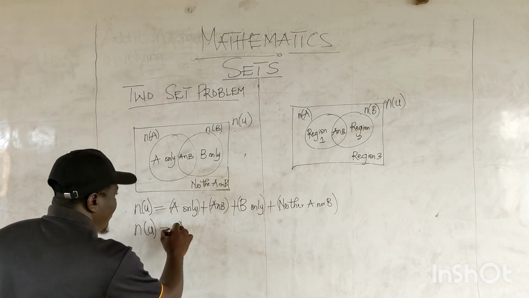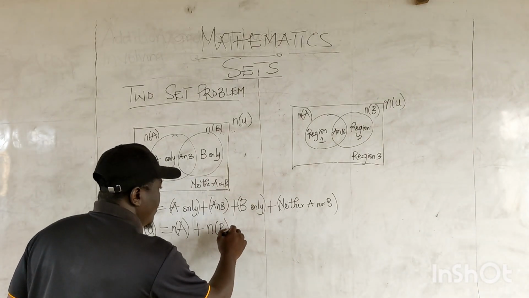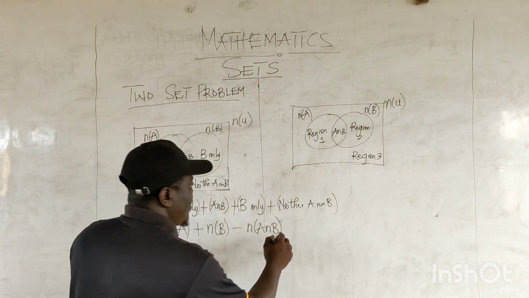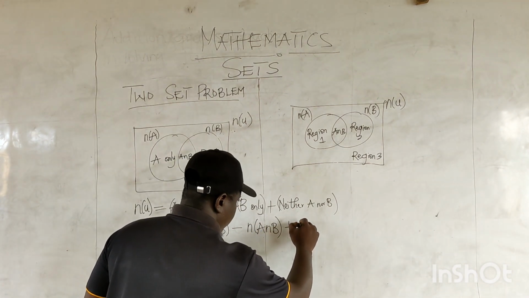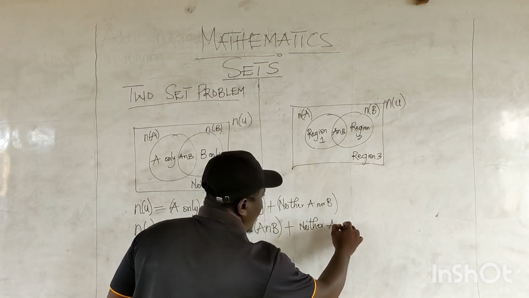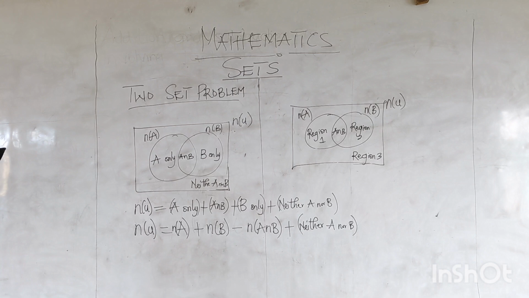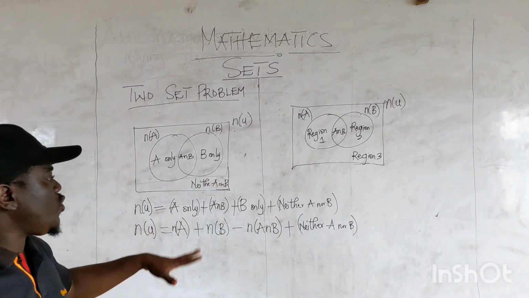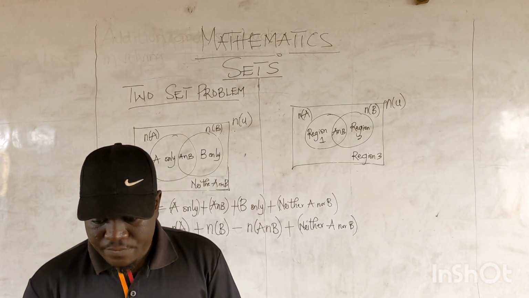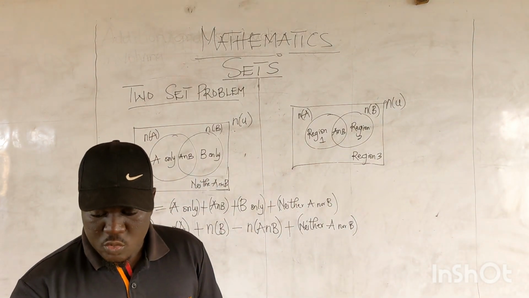We say number of A plus number of B minus number of A intersection B, and if there is neither A nor B, then we add plus neither A nor B. When we add this, we would also have our number of U. So there are two different ways we can look at it. Okay? Alright.